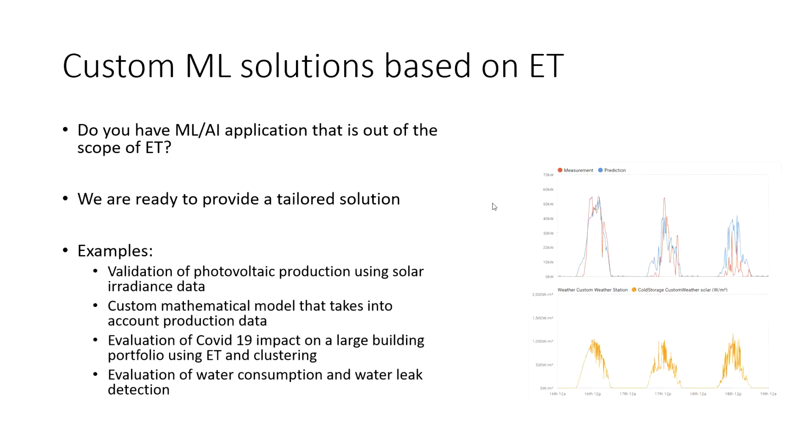We also take into account external inputs such as production data from a factory. We did evaluation of COVID-19 impact, not just on the small set of shopping malls I have shown, but also on a bigger portfolio, where there was some post-processing of these results using clustering. And Energy Twin is also used, for example, for water consumption analysis and water leak detection.